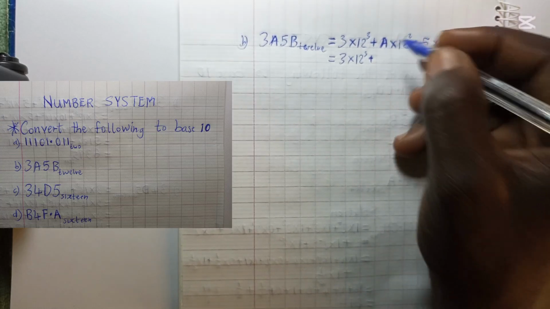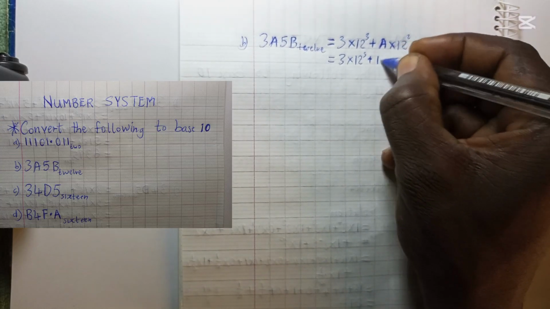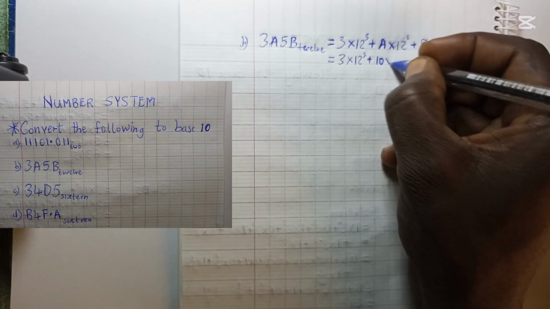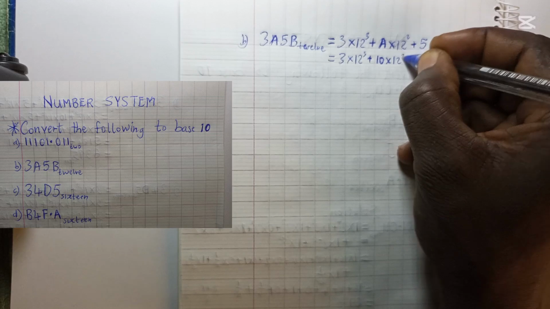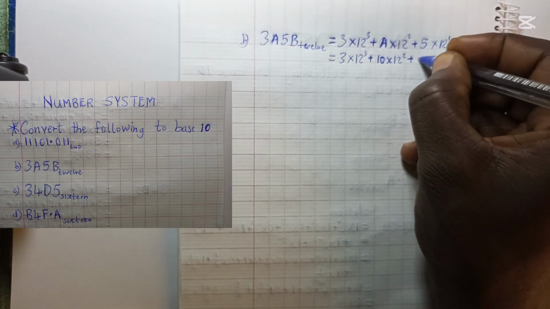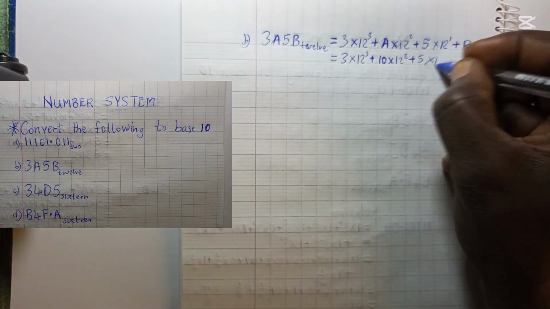So A now stands for 10. So A, which is 10 times 12 raised to power 2 plus 5 times 12.